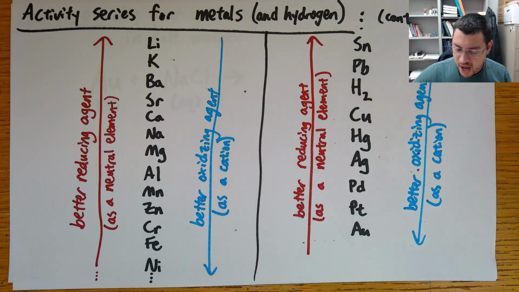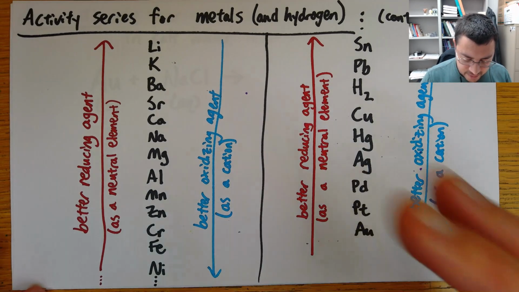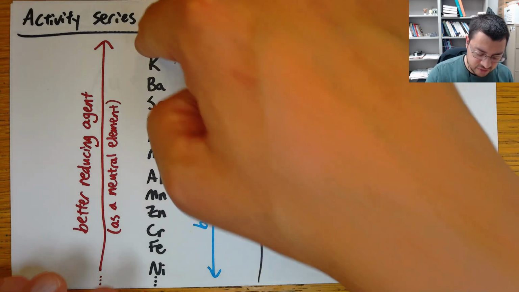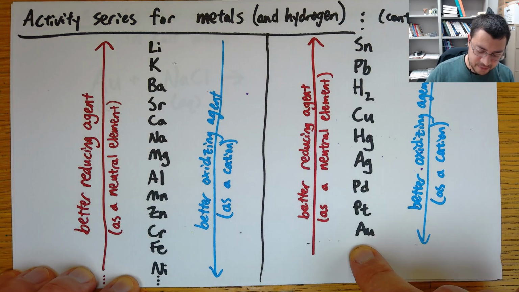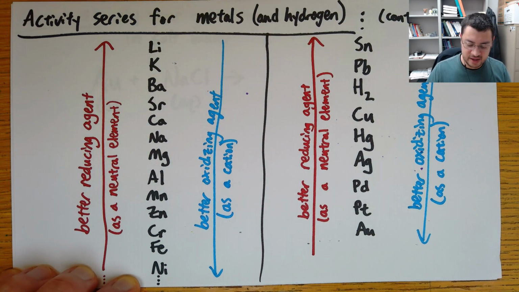So how do you know if a reaction happened? This is something called the activity series, or maybe some people call it the reactivity series. It's a little bit intimidating of a figure to look at at first, so let me explain what's going on. We have a list from top to bottom of the likelihood of an element giving away electrons.